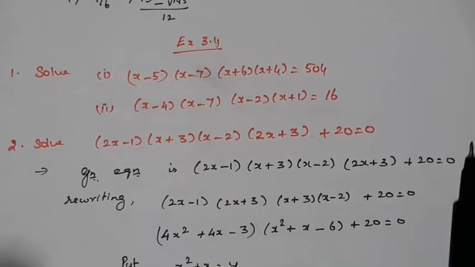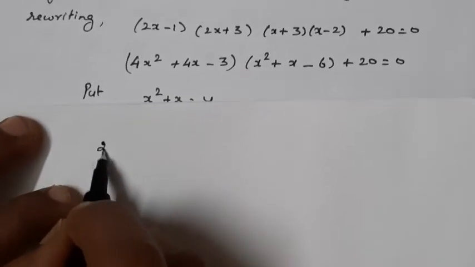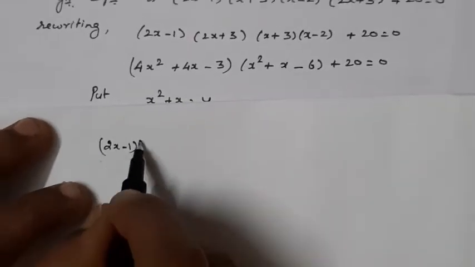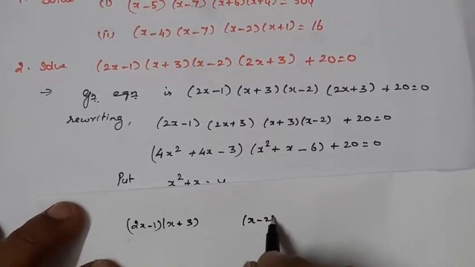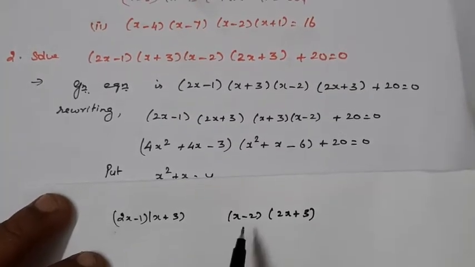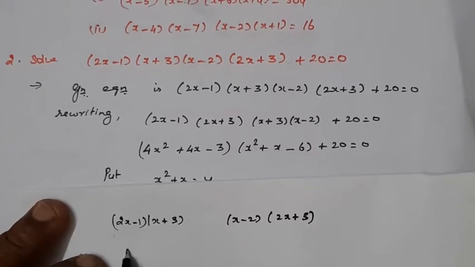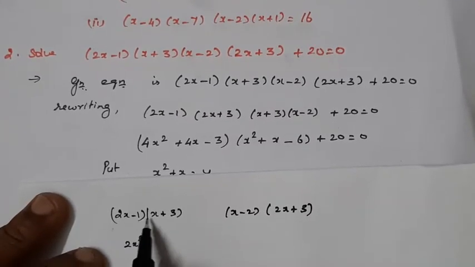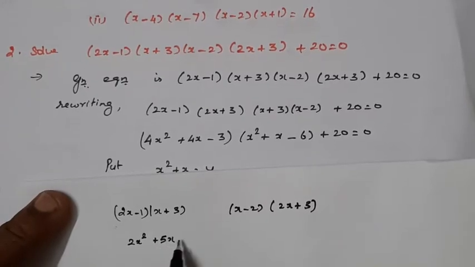Now if you multiply the first and second, that is (2x minus 1)(x plus 3) and (x minus 2)(2x plus 3), what would be the quadratics obtained? Here it would be 2x squared minus x plus 6x, that is plus 5x minus 3.